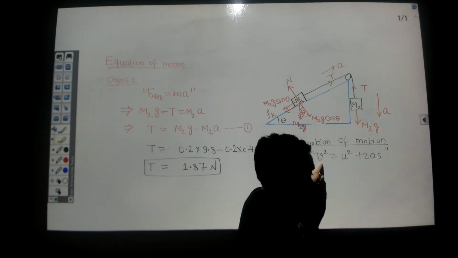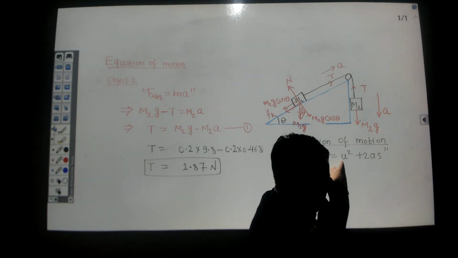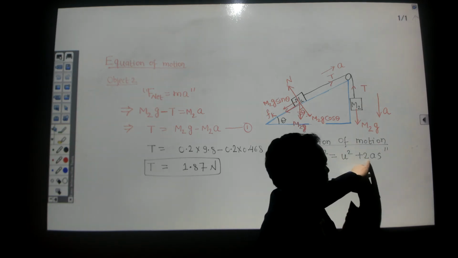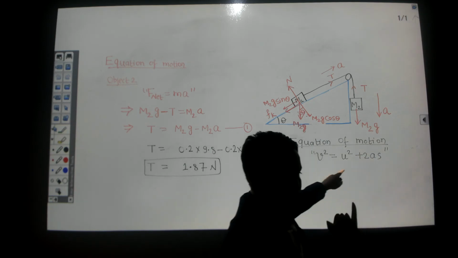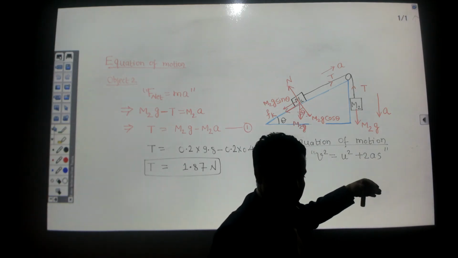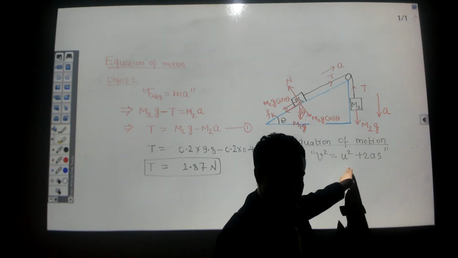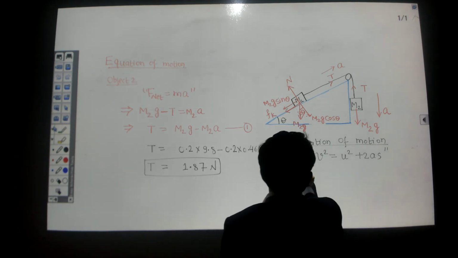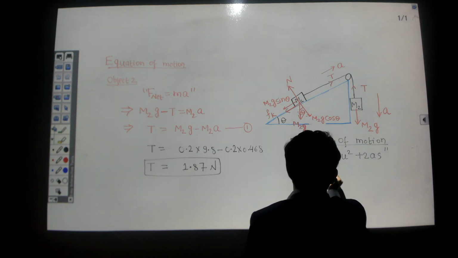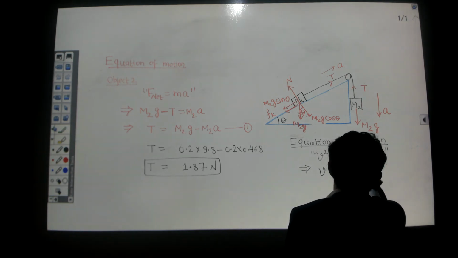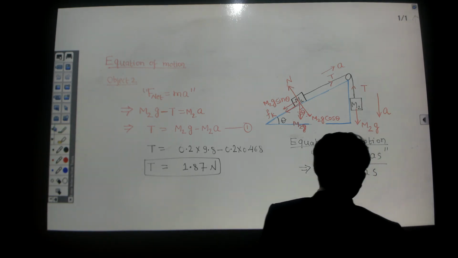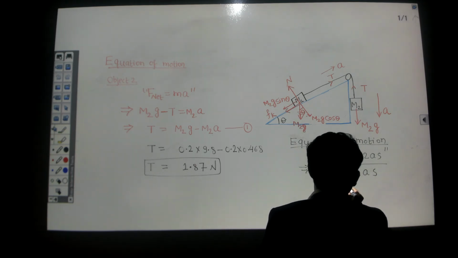V is the final velocity, U is the initial velocity, 2 is a constant, A is the acceleration, S is the distance traveled. So as the system is starting from 0, your initial velocity is 0. So what you get here, the velocity is simply equal to the square root of 2AS. And plug all the values now.